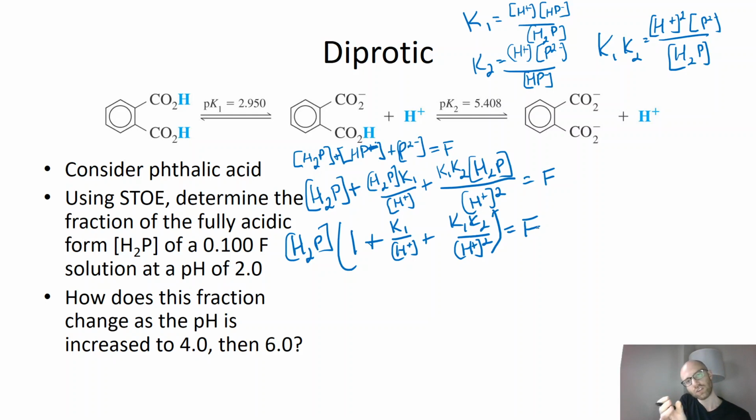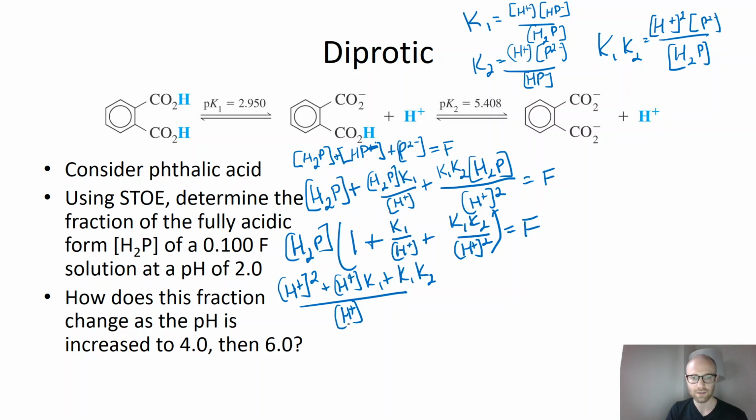So we're going to mush that term in the middle, put it all into one fraction to make our lives easier. I think our common denominator needs to be H plus squared. So what we get is H plus squared plus H plus times K1 plus K1, K2 over H plus squared equals F over H2P, which is almost where we need to be.